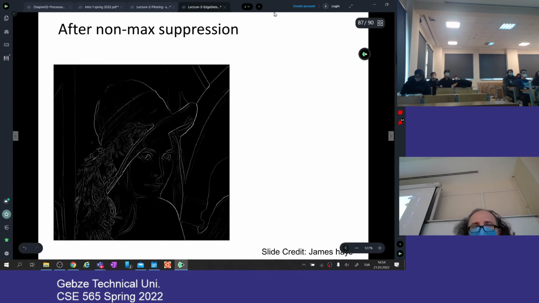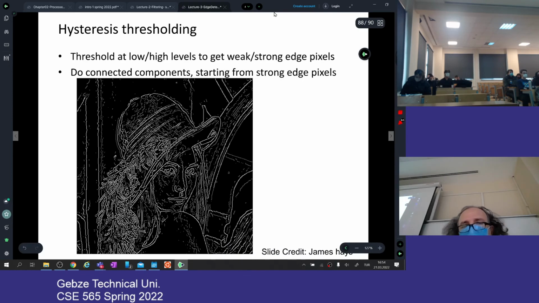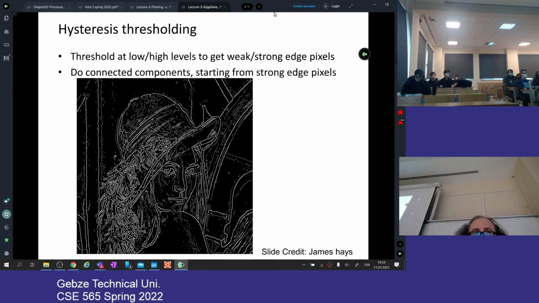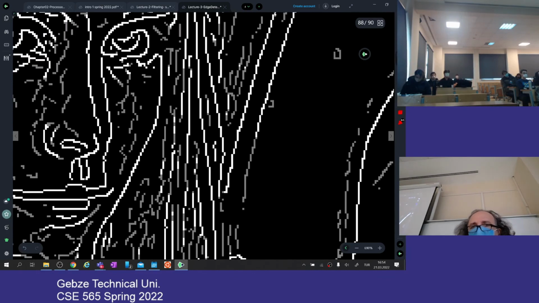Okay, this is before non-max suppression, and this is after non-max suppression. Non-max suppression doesn't eliminate anything based on threshold values. Everything is there. See, these are all very nice thin edges, very, very thin, 1 pixel wide.